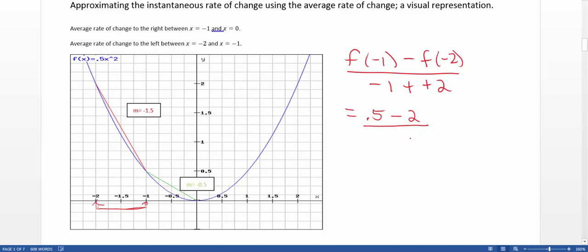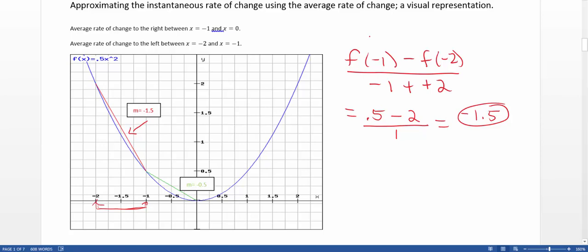The minus and the negative are going to cancel, and I'm going to be left with a 1 on the bottom. So crunching that number is going to give me -1.5. So the slope of this line, the average rate of change between -2 and -1, is -1.5.